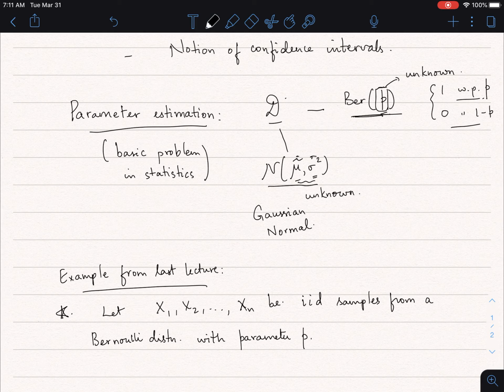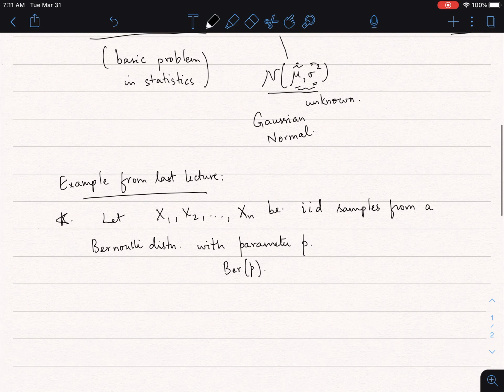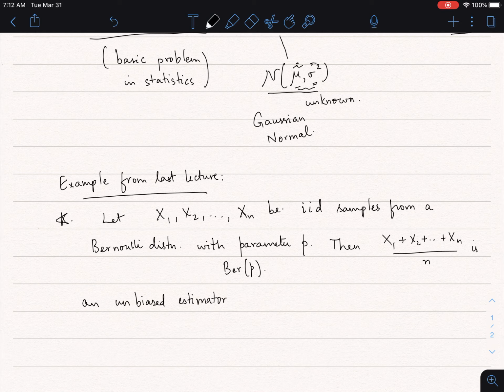This is the notation: when we say a Bernoulli distribution with parameter p, I'm exactly referring to this distribution. If you have IID samples from this Bernoulli distribution with parameter p, then the empirical mean, which is x1 plus x2 up to xn divided by n, is an unbiased estimator for p.